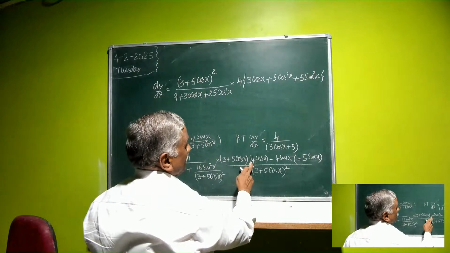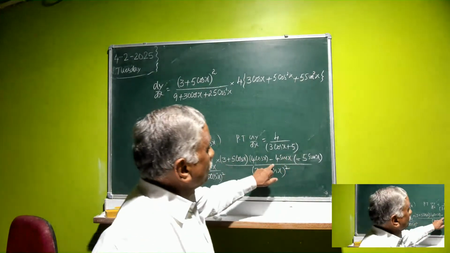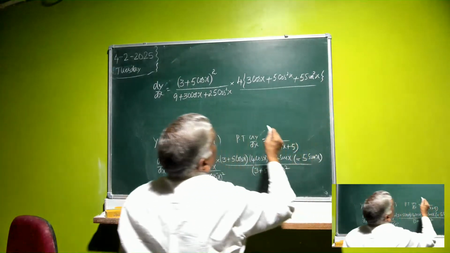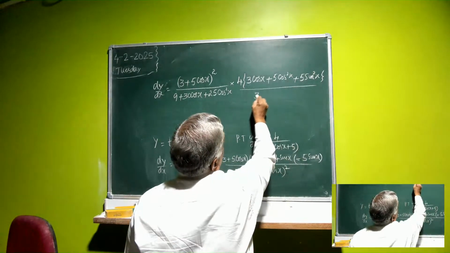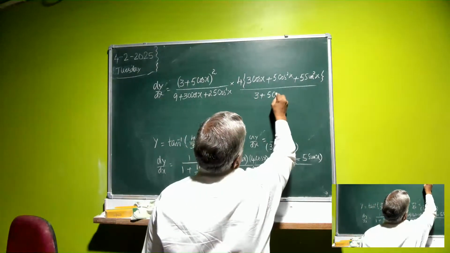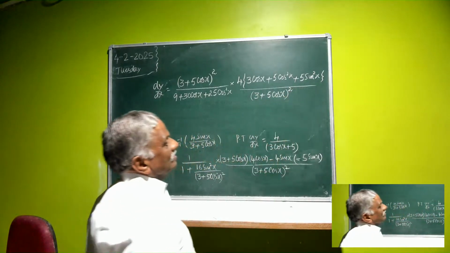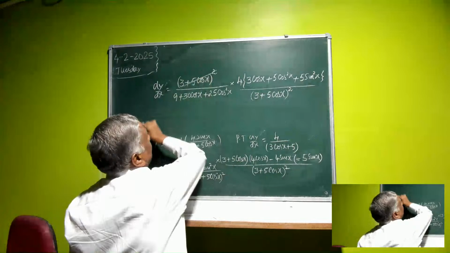I have taken 4 common, so 3 cos x plus 5 cos square x, and 5 sin square x, divided by 3 plus 5 cos x whole square. So these two you can cancel straight away.